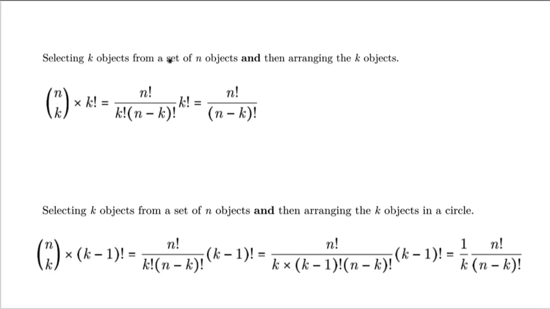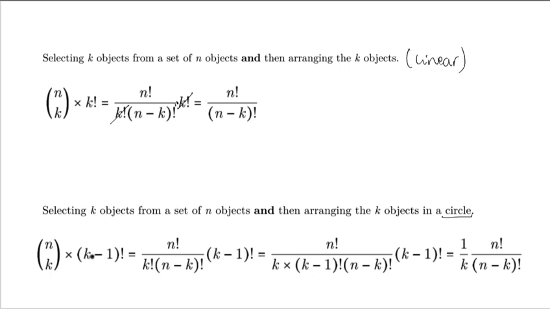Selecting k objects from a set of n objects and then arranging these k objects linearly, right? So this is doing a linear permutation. If you expand the binomial part, this k factorial will cancel this k factorial, and we are left with this expression. And if you want to expand on the circular permutation, you select the group and then you do a permutation in a circle.